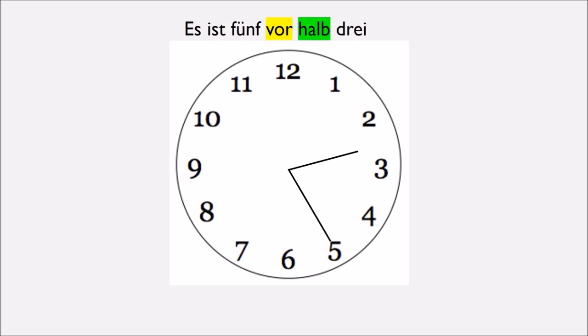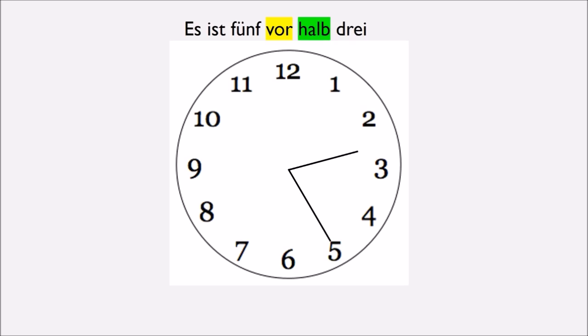Now, if anybody were to ask you, wie spät ist es, and it just happened to be 25 past, it's fine if you say 25 nach. So if you wanted to say es ist 25 nach zwei, people will understand you.